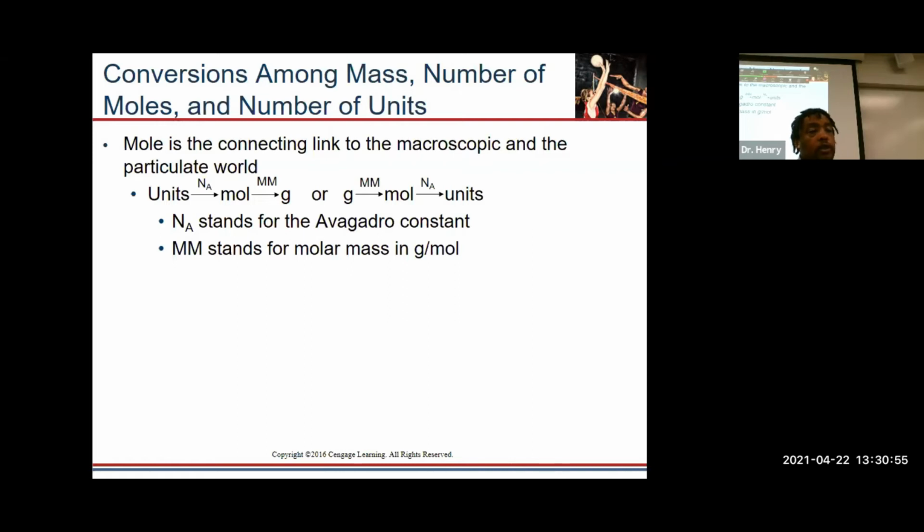If we're given moles and we want mass, we use molar mass. And it can go the other way too. If we're given grams and we want moles, we use molar mass. If we're given moles and we want quantity, we use Avogadro's number. Does it make sense? Yeah.